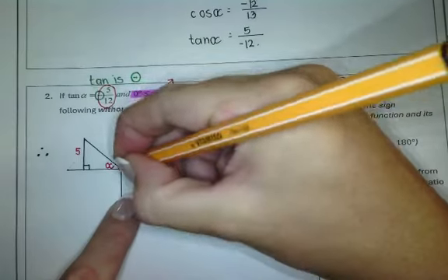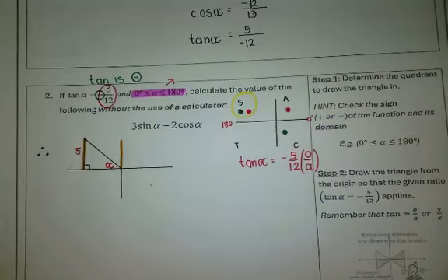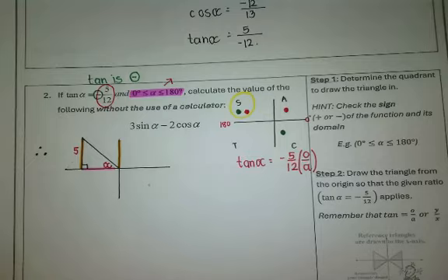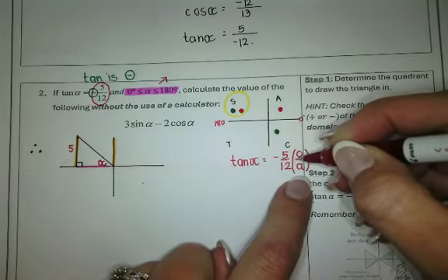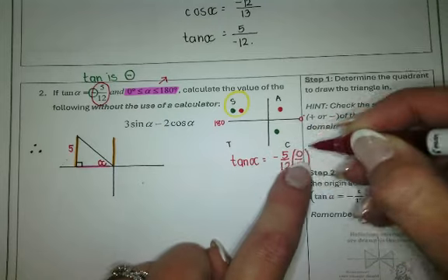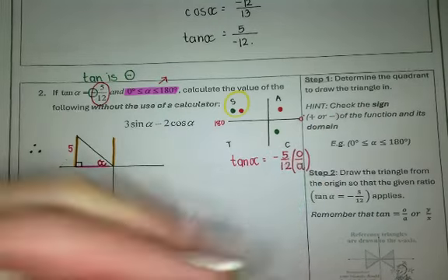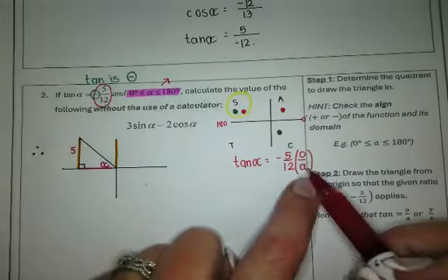Remember, it's not a coordinate yet, you need to make it a coordinate. So this is your y-axis and that is your x. You use your ratio to figure out which is your opposite and which is your adjacent.